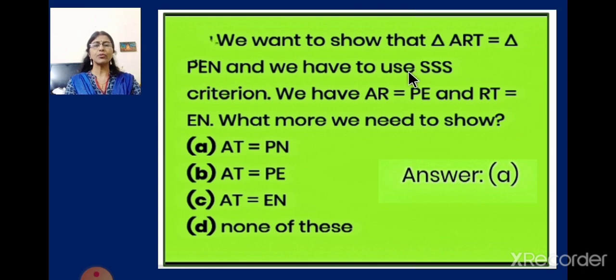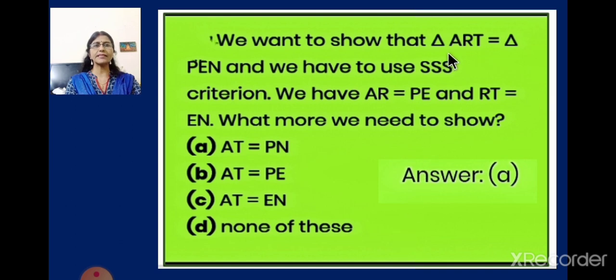Now as you know S is side congruence rule. So the next third side will be, how you will get it? Now here the options are given, you have to select the third side which is congruent in both the triangles. AT is equal to PN, or AT is equal to PE, or AT is equal to EN, or D option is none of this.